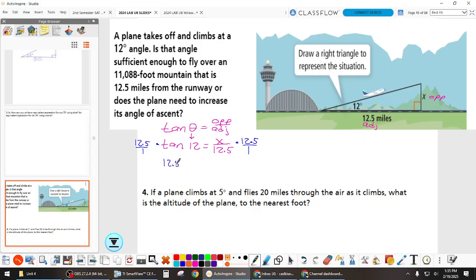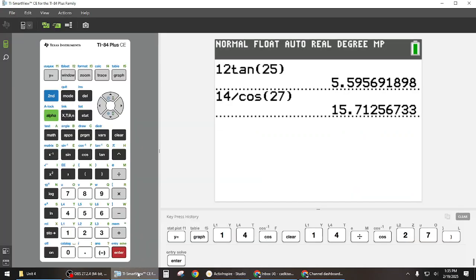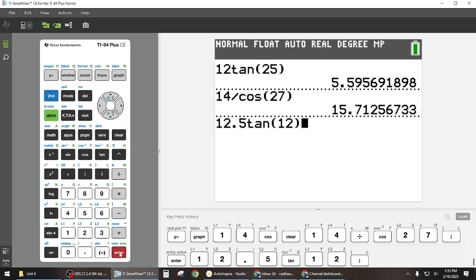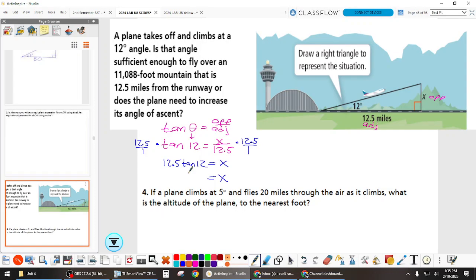So 12.5 tangent of 12 is our x. Close that parenthesis, and we get 2.66. Okay, how'd you do on that part? Everybody got it?